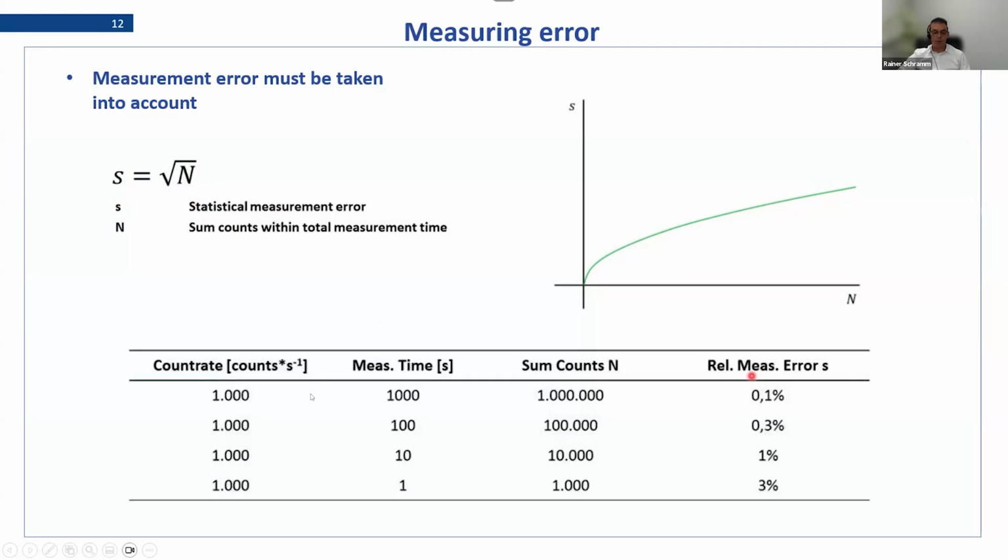Here an example. For example, we have a count rate of 1,000 per second, and we measure 1,000 seconds. We have a complete intensity of 1 million counts. This is what we collected in these 1,000 seconds. When we then calculate our error, you will see that we have 0.1% relative error. And this is close to the theoretical error of an XRF, the best you could achieve.